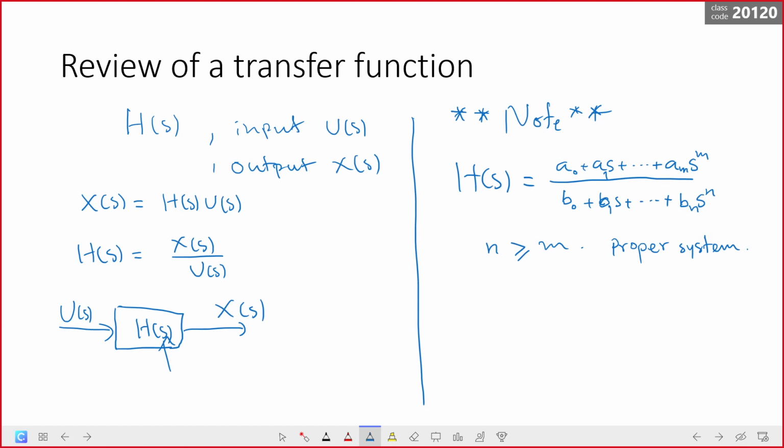So why n should be at least equal to m? Well, let me give you an example of derivative.